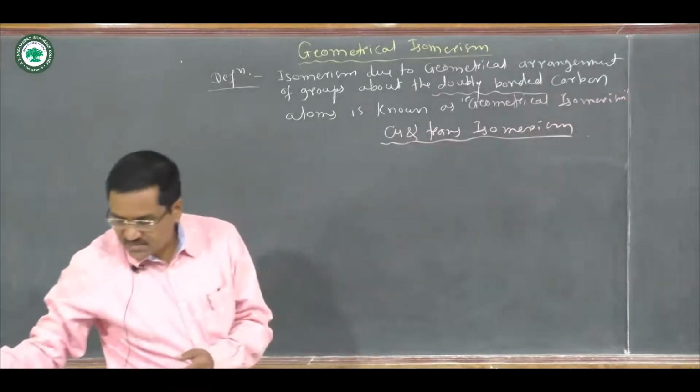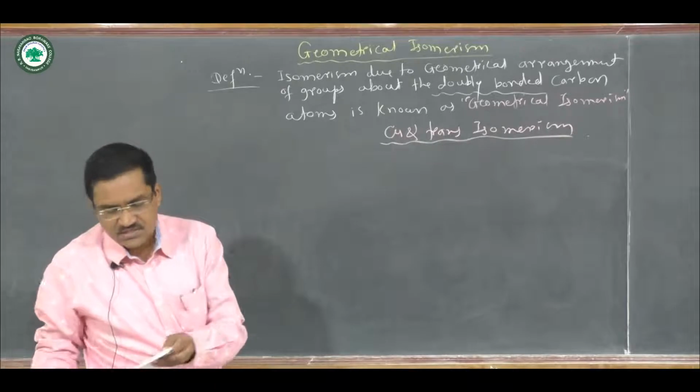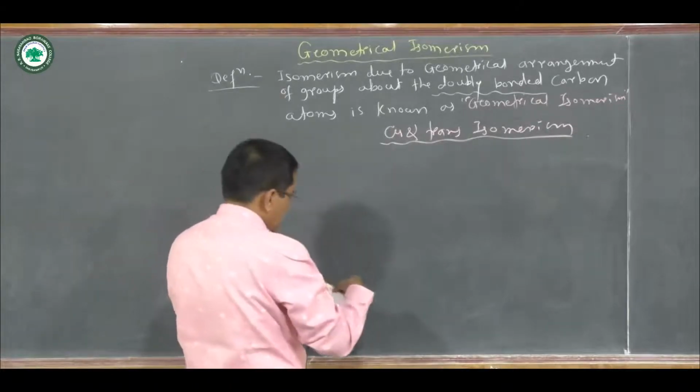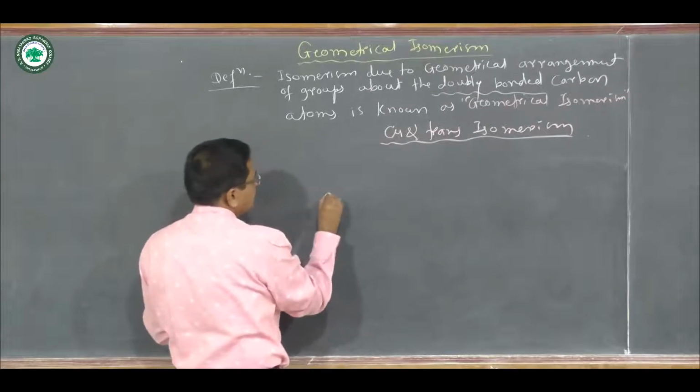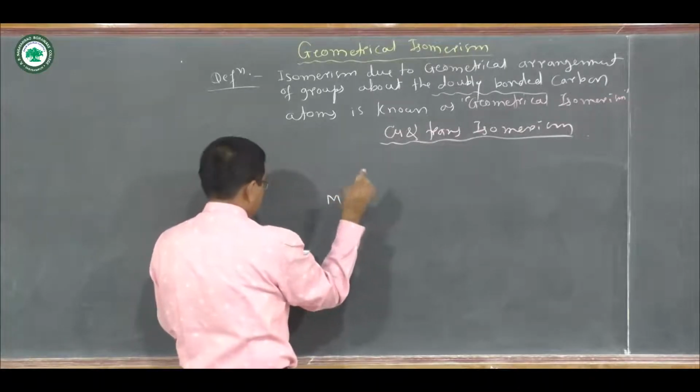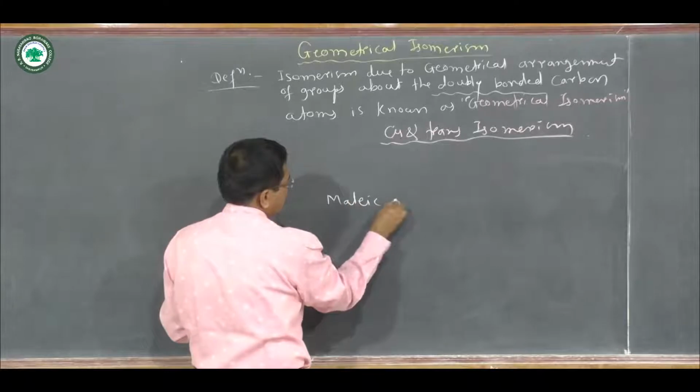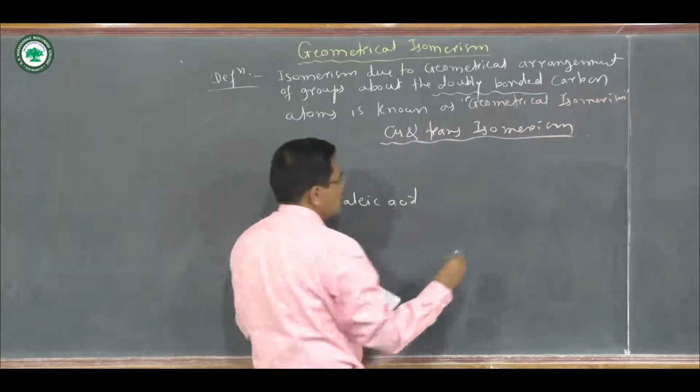Now we will see some examples related to this cis-trans isomerism: maleic acid and fumaric acid.